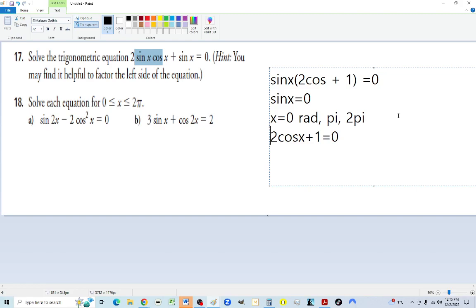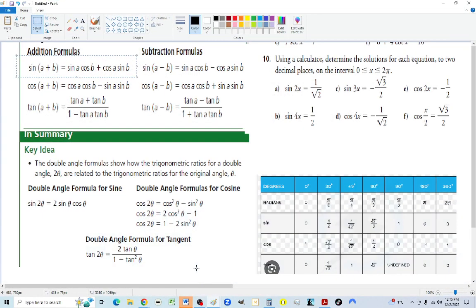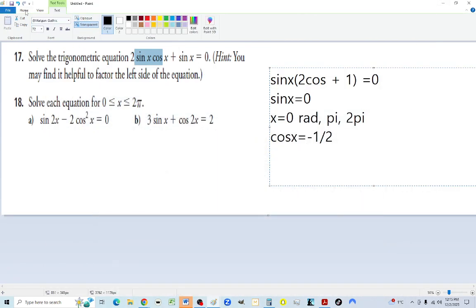And the other factor is going to be true when 2 cos x is equal to minus 1, or cos x is equal to minus 1 over 2. Cos is 1 over 2 at pi over 3, but this is negative.